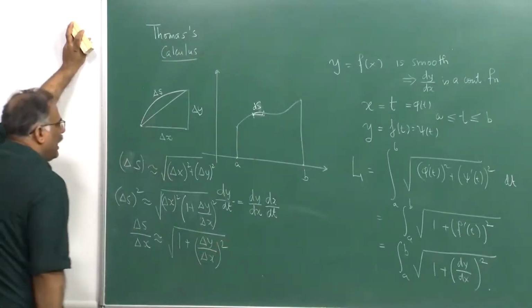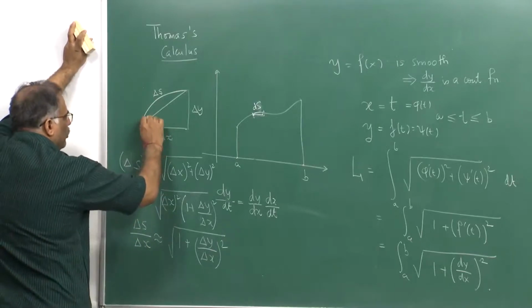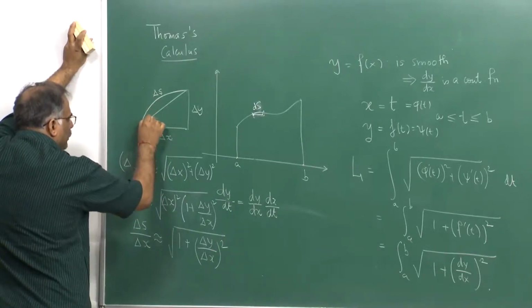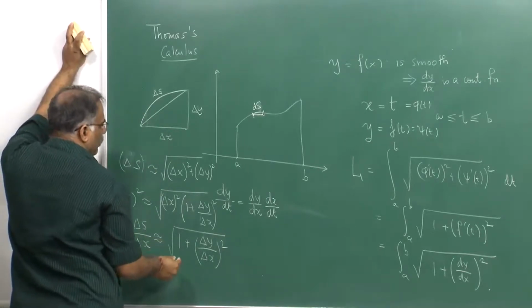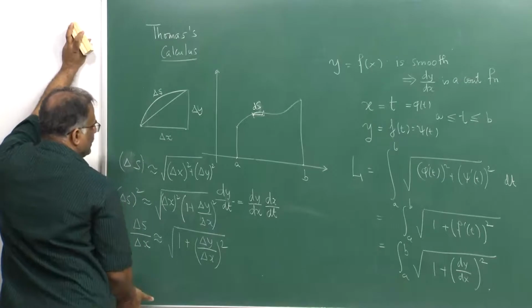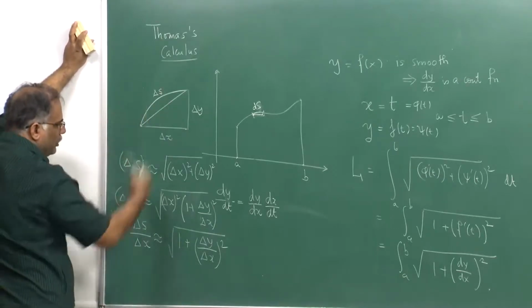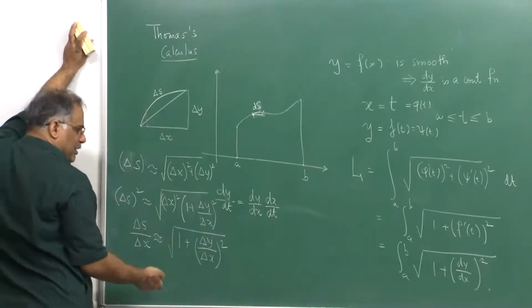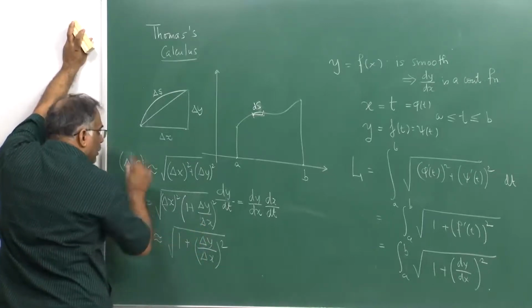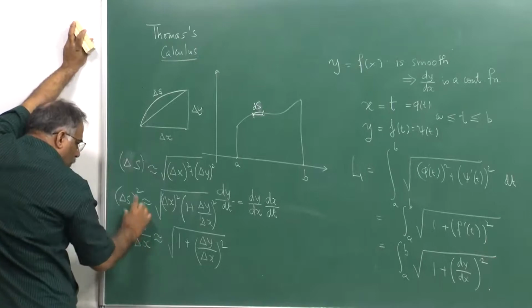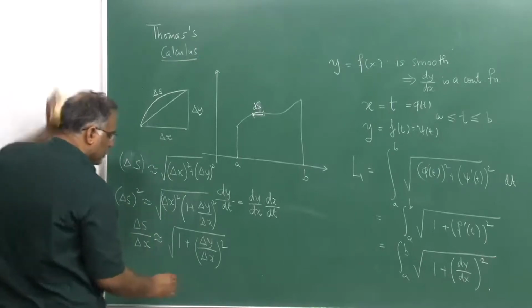But you see, as you make this smaller and smaller, del x tends to 0, and hence del y also tends to 0, because the function is a continuous curve; a small change in x must give you a small change in y. What is happening? The curve almost approximates a straight line.